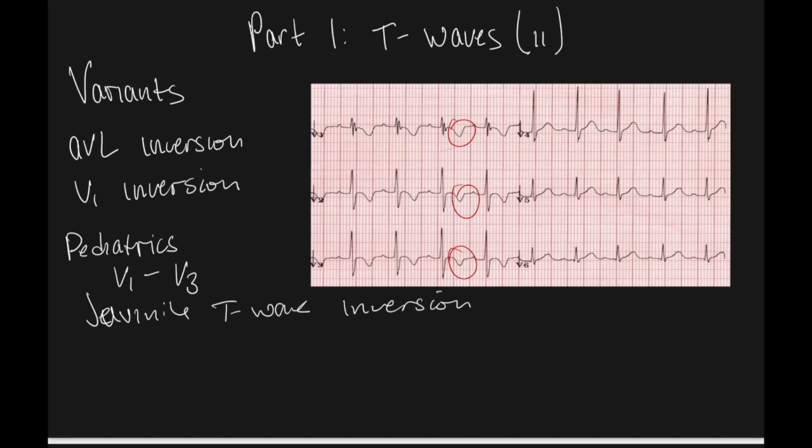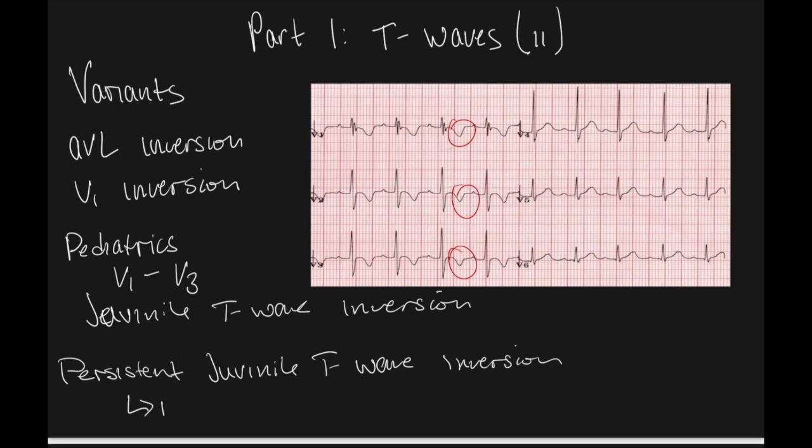Now this T wave inversion in V1 through V3 can also be persistent, so we call that persistent juvenile T wave inversions. And this is most common in Afro-Caribbean women.